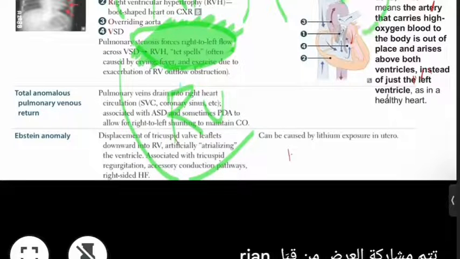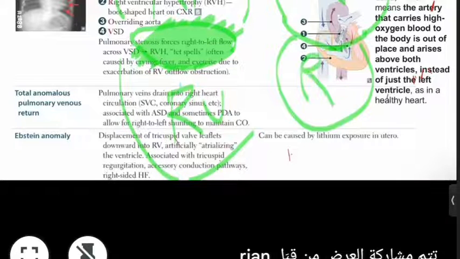This is here the right atrium, and here the right ventricle. There is total separation between the right atrium and the right ventricle. And imagine that this right ventricle has this pulmonary artery. From where will this pulmonary artery get this blood, the deoxygenated blood, from where?